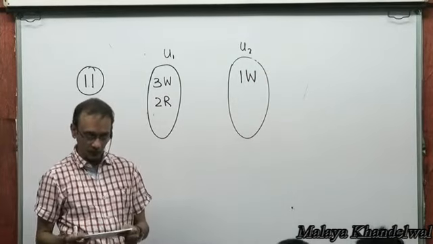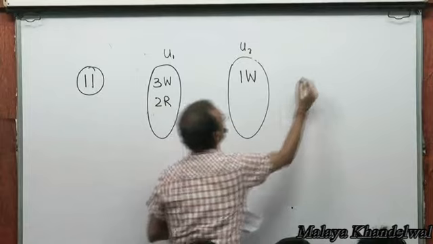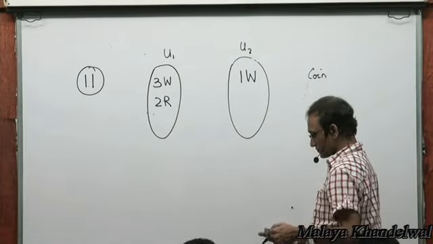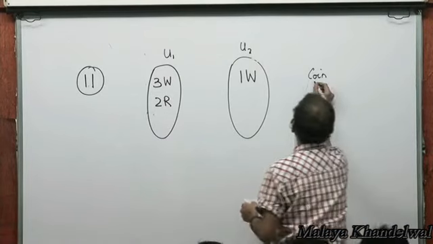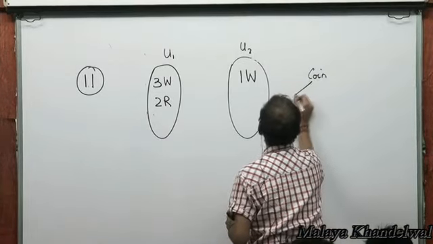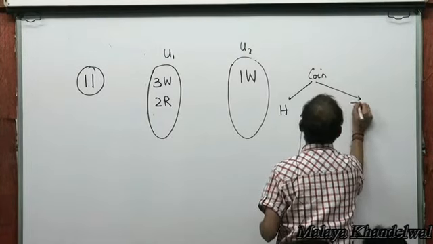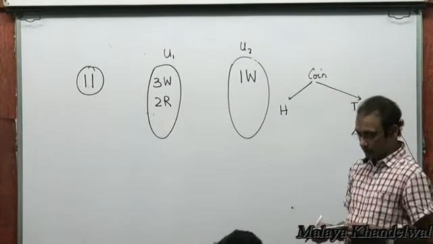Now, a fair coin is tossed. Now, there are 2 possibilities for the fair coin: a head and a tail.